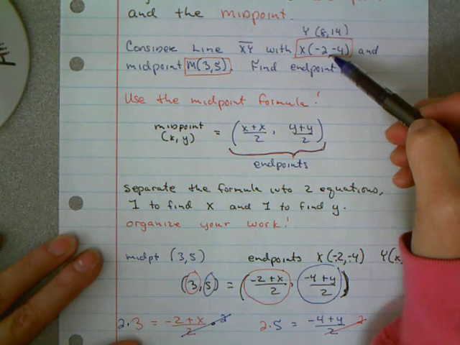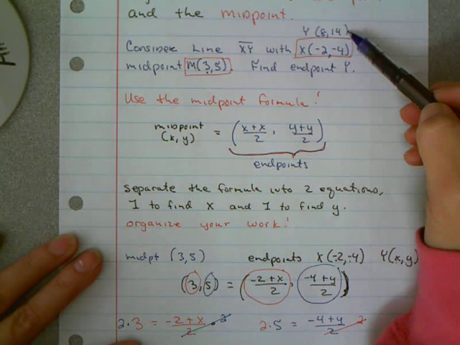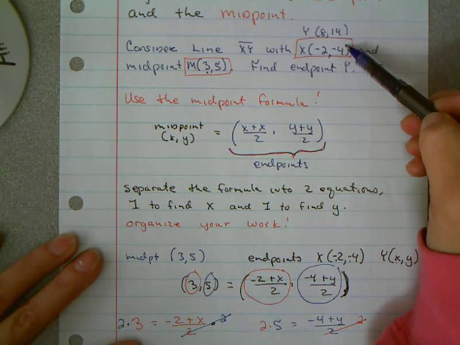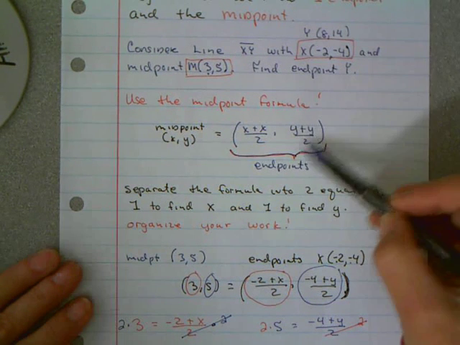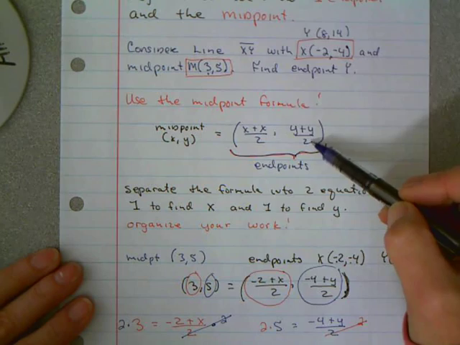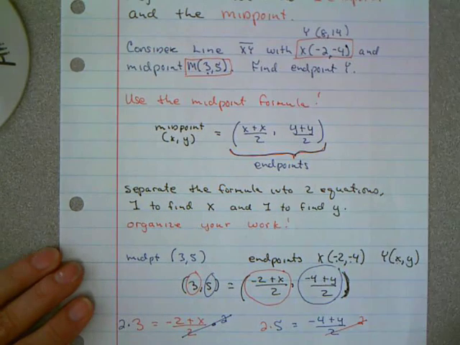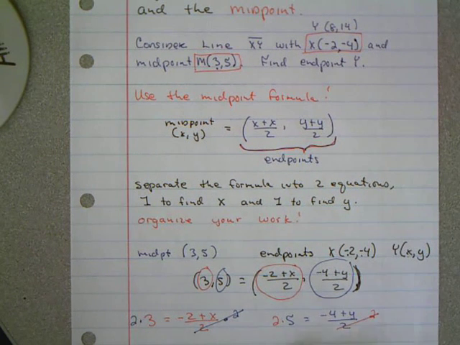So let's add it together. 8 plus -2 gives us 6. 6 divided by 2 is 3. 14 plus -4 is 10. 10 divided by 2 is 5. So a little mental work on that, adding my x coordinates and dividing by 2, adding my y coordinates and dividing by 2, and I can verify that I found the correct y-endpoint.